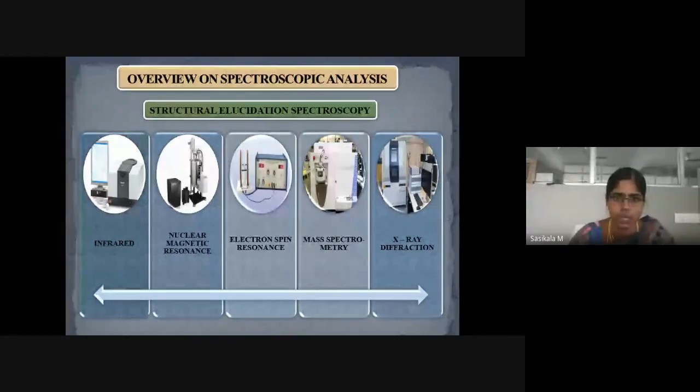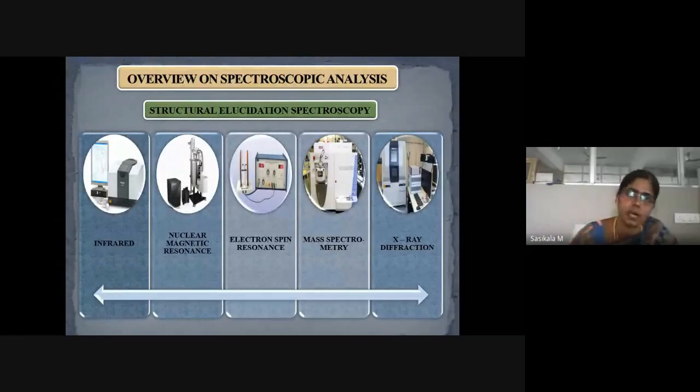Chemical structure means the information you will get: what type of bond and functional group a molecule has, at what position the functional group is attached, whether it is aliphatic or aromatic, alcoholic or amide. This type of information we get by analyzing your compound through spectrophotometric analysis.